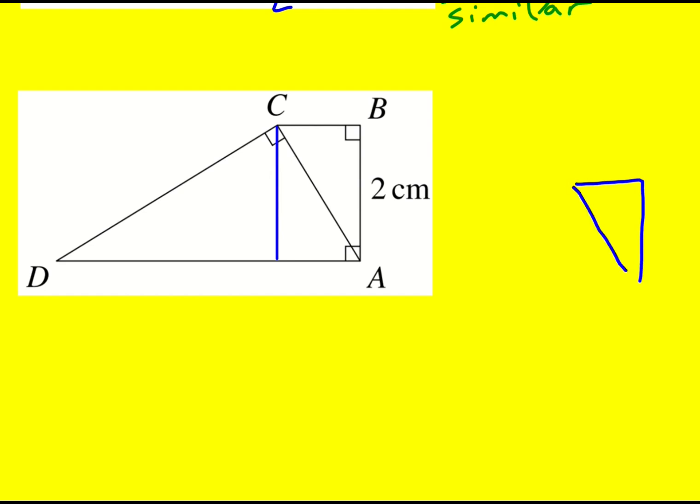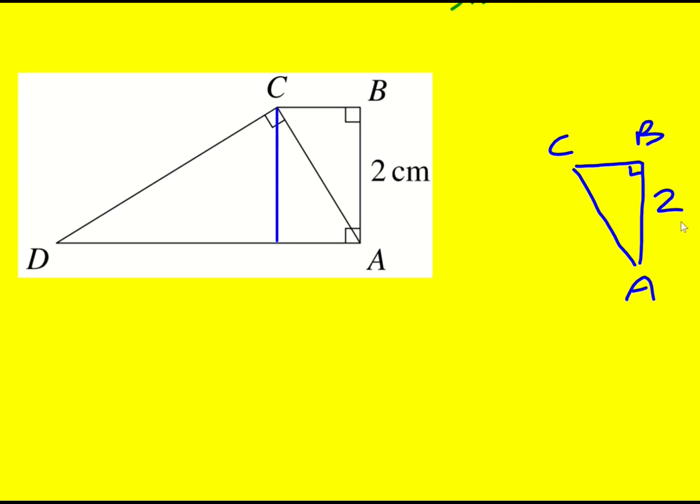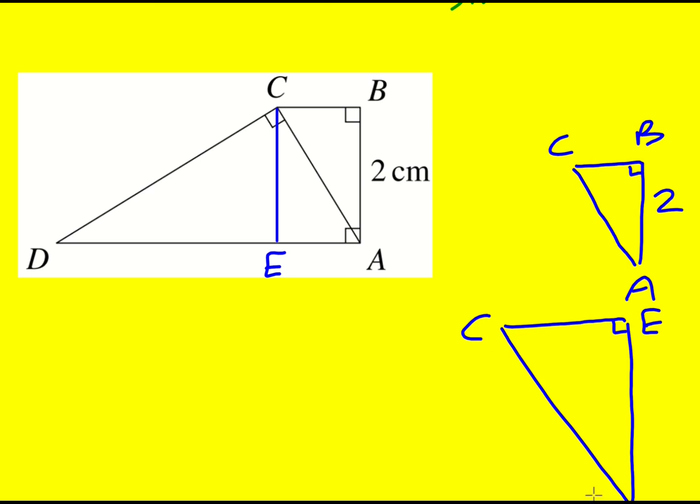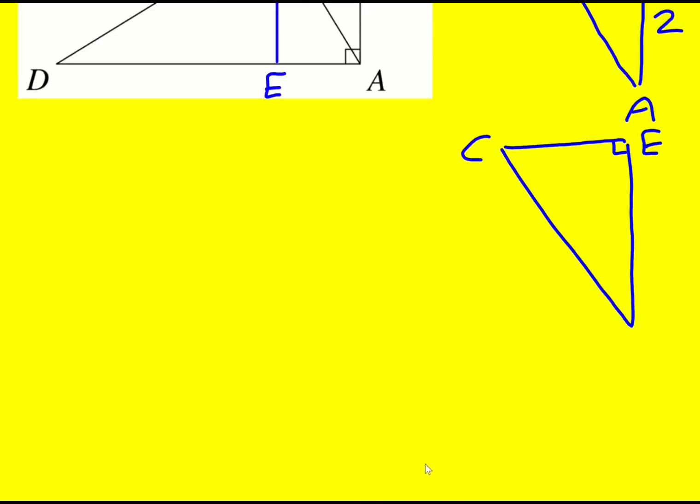So I've got A, C, B, right angle, and this is 2. And then this is E. I'm going to imagine I've rotated this one round so it's easier to compare. This is going to be E, C, and D.